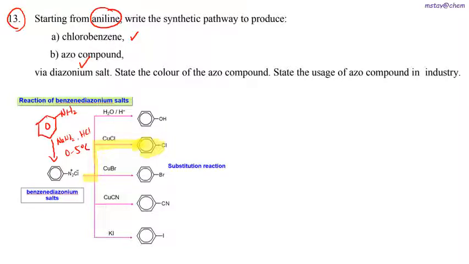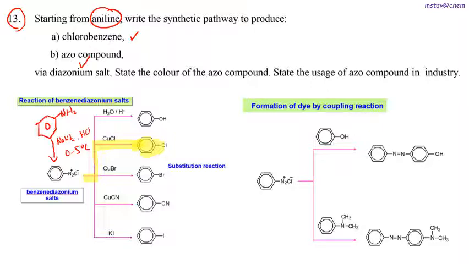Then the second part of the question focuses on the azo compound. If you still remember, this azo compound is similar to question 11D that we just discussed previously. You can refer to this slide in your lecture notes. The aniline again reacts with NaNO2 in HCl at 0 to 5 degrees Celsius to produce benzene diazonium salt, and then reacts with the phenol and attaches to the para position to form the azo compound.